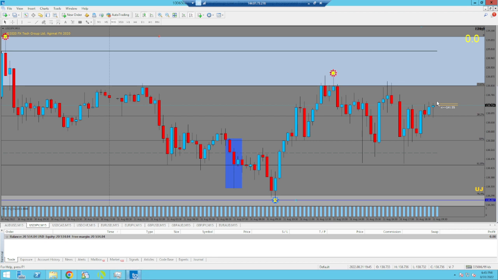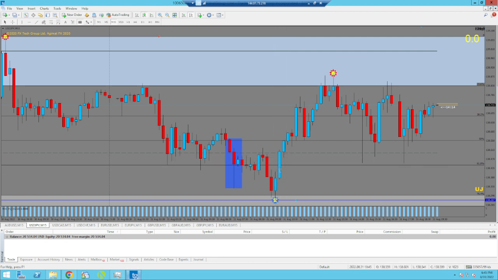If you're not aware of them, there's plenty of free information out there that will help explain. But the short description of what a fair value gap is, it's a push in the market. If you look at this candle right here, it's a difference between the high of the previous candle and the low of the following candle.